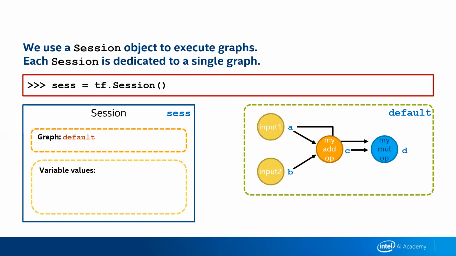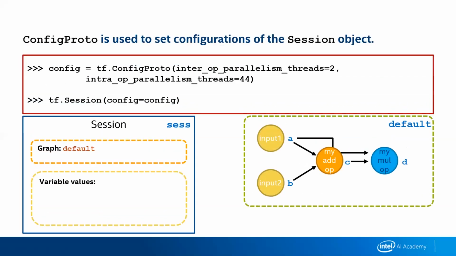It creates a place where you can actually execute this particular model with different inputs and probably get different outputs as you go along. So ConfigProto is a very interesting aspect of it.